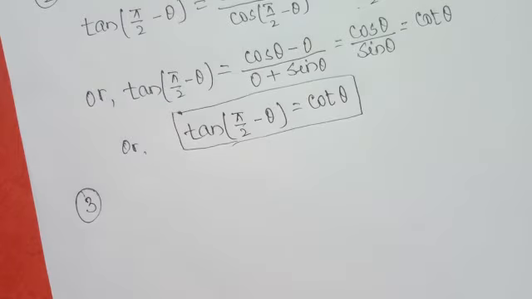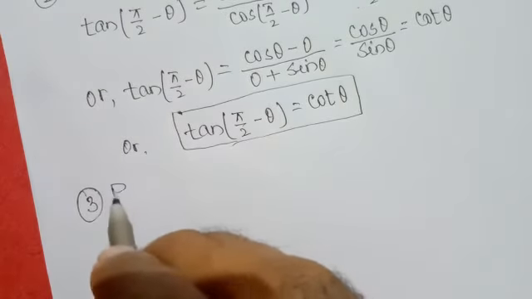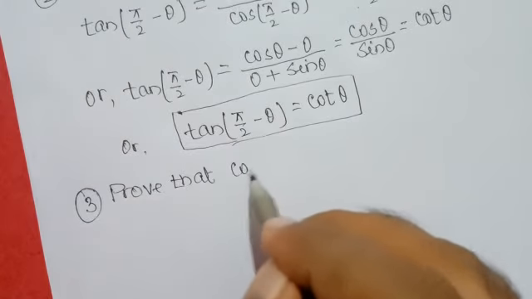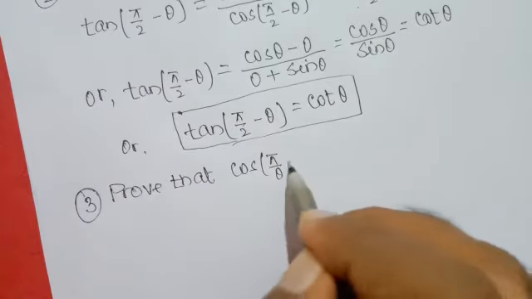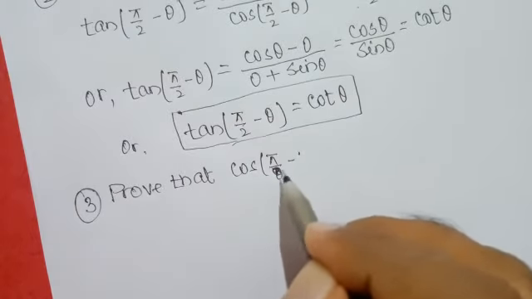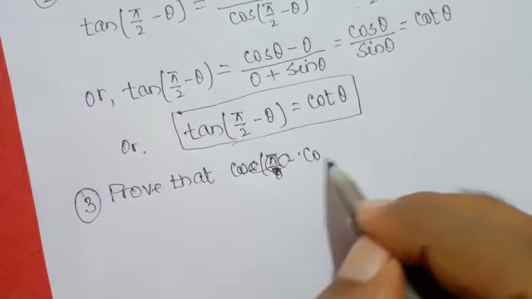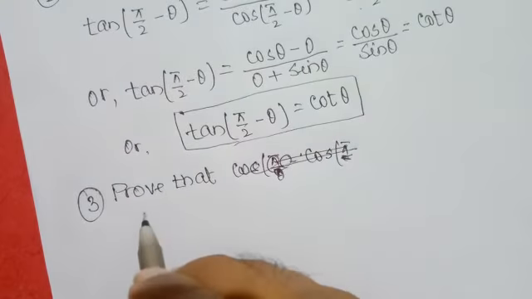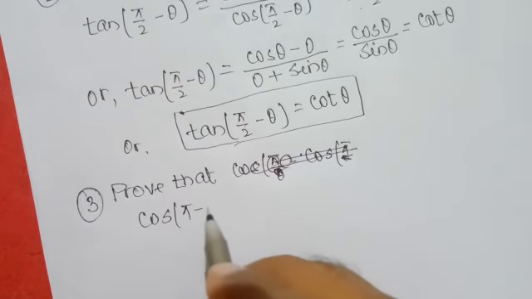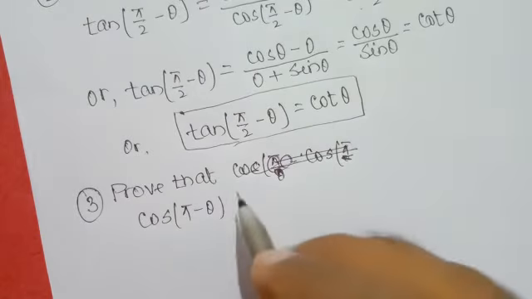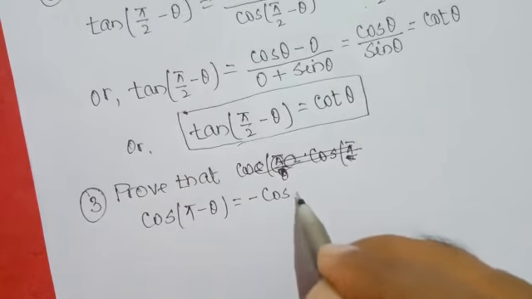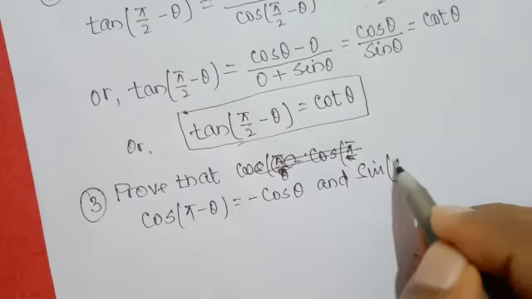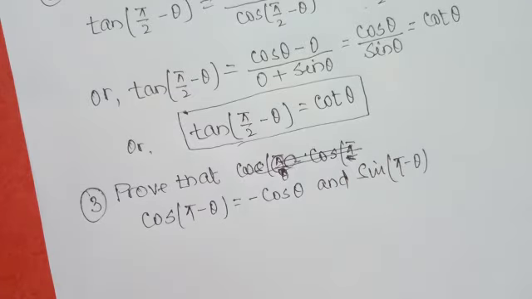The next formula is for cos pi minus theta. Prove that cos pi minus theta is equal to minus cos theta, and sin pi minus theta is equal to sin theta.